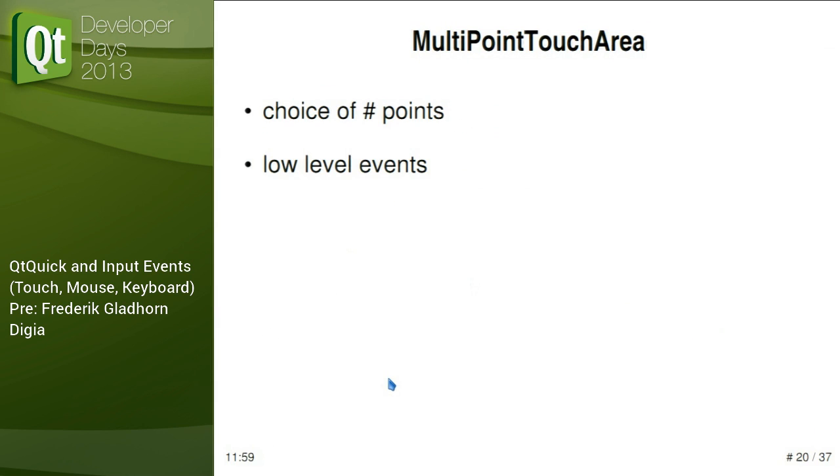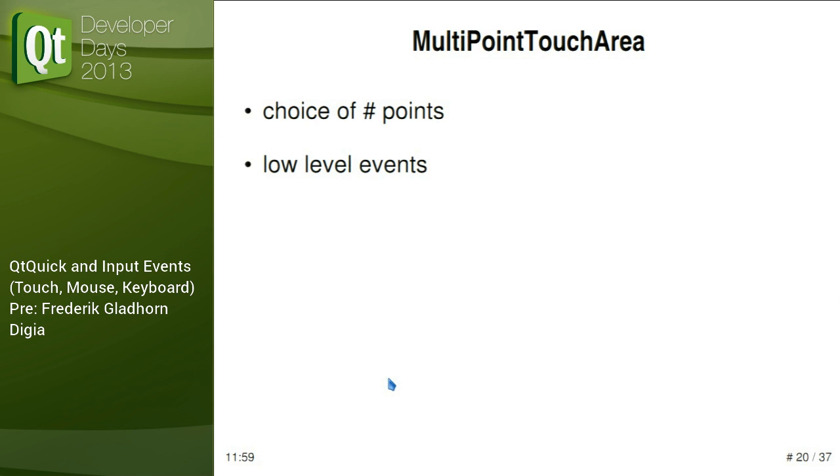The multi-point touch area gives you a choice of the number of touch points you want to handle, which means you can use the mouse area as usual, and that is sensible when you want to have mouse handling but also multi-touch handling, just like pinch area works nicely together with mouse areas.